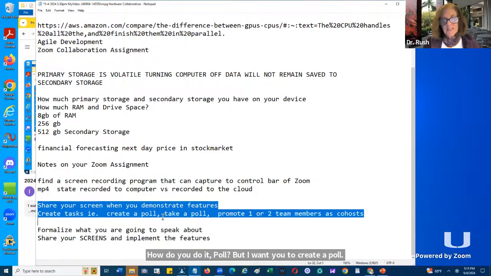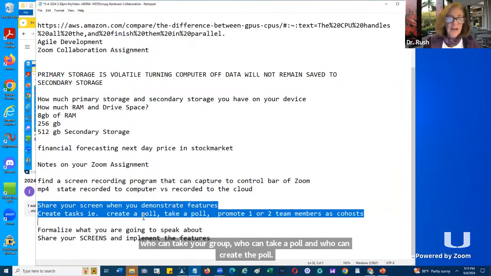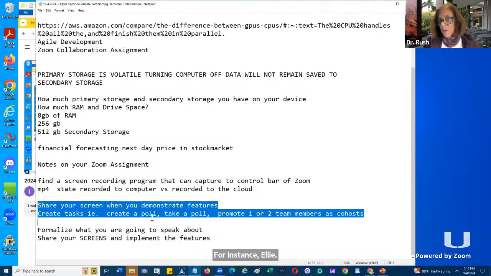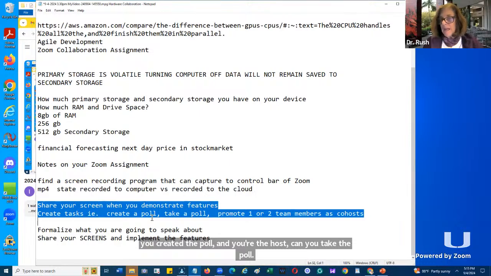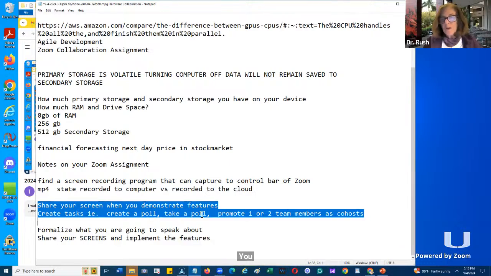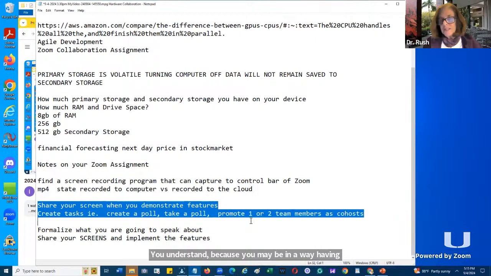And I want you, for instance, who can take a poll in your group and who can create the poll. For instance, Ellie, if you created the poll and you're the host, can you take the poll? Find out. You understand? So actually do it. When you promote one or two team members as co-hosts, actually promote them or demote them. Actually do that and see what happens. When you promote somebody as a co-host, can they take a poll? So make them not a co-host and see if they can take the poll.